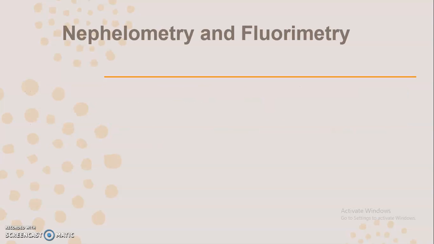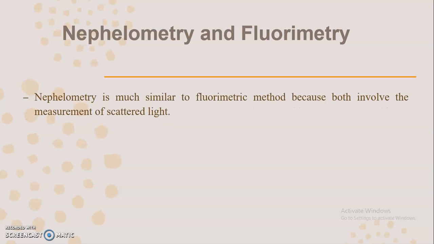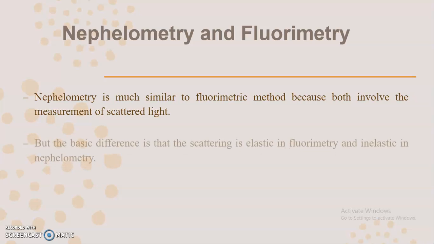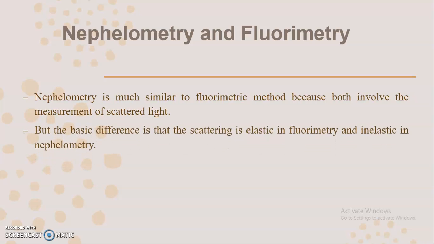Then nephelometry and fluorimetry, these two techniques are quite related to each other. Nephelometry is much similar to the fluorimetric method because both involve the measurement of scattered light. But the basic difference is that scattering is elastic in nephelometry while it is inelastic in fluorimetry. So this is the difference between nephelometry and fluorimetry.